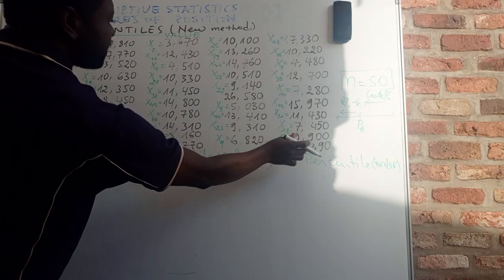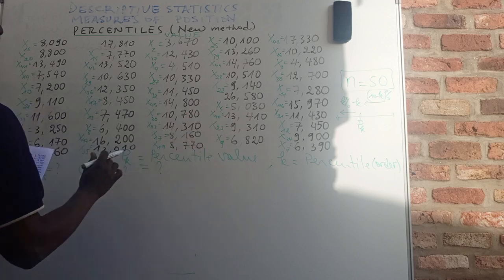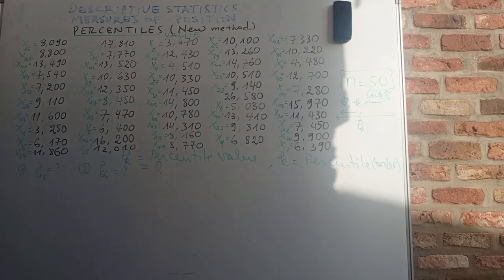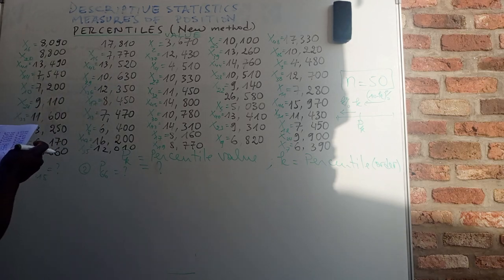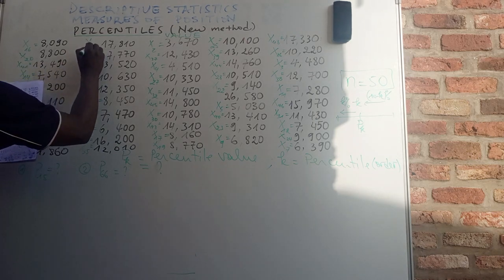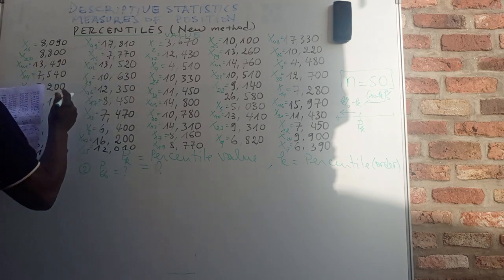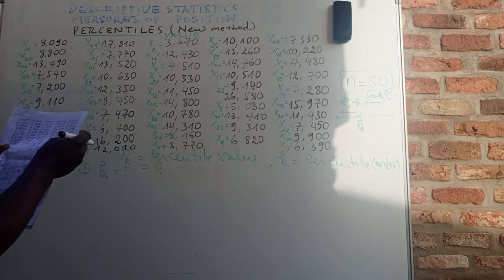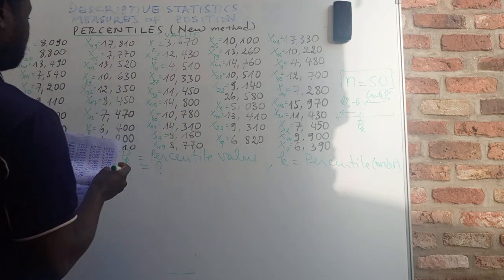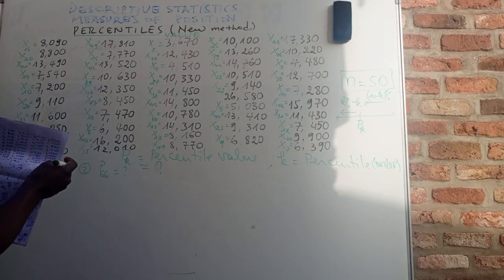This one is ranked, except this element. And then this one is ranked except this element. Now we have x sub 49. It is this one. x sub 49. Then 2658, that is when I have just crossed.